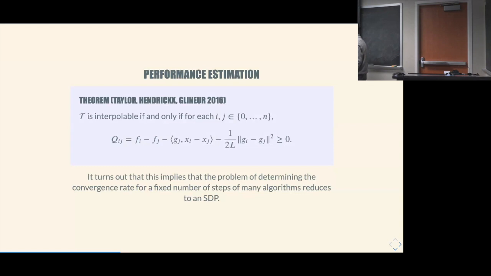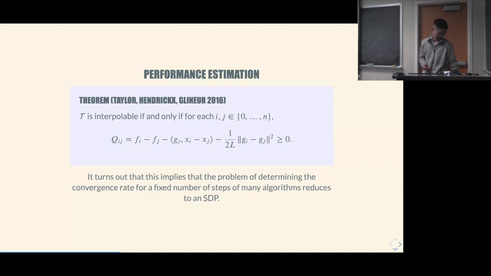It is interpolable if and only if for every pair of i and j, this, it turns out to be a quadratic function of the values and the positions and so on, is non-negative. So this is a very explicit set of conditions for this set of triples to be interpolable.